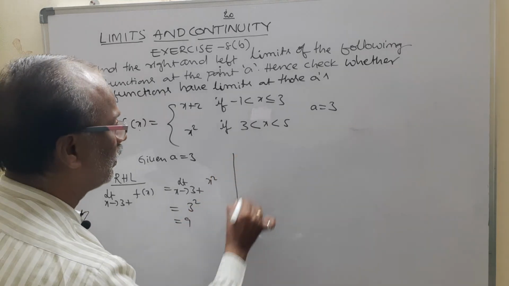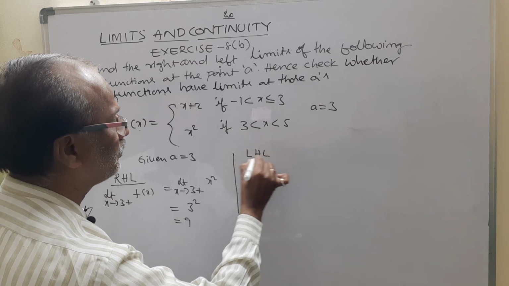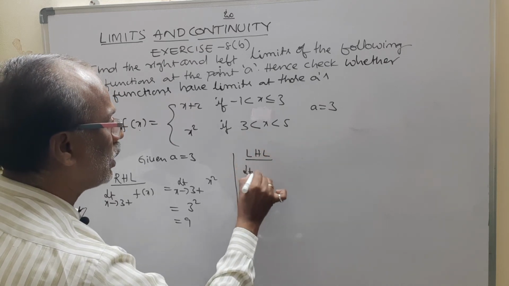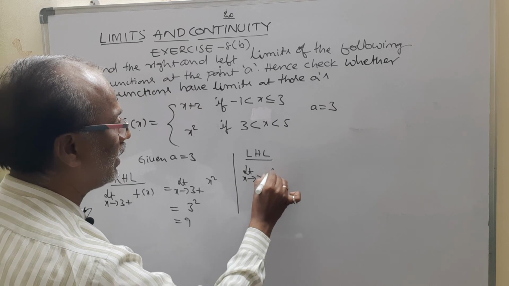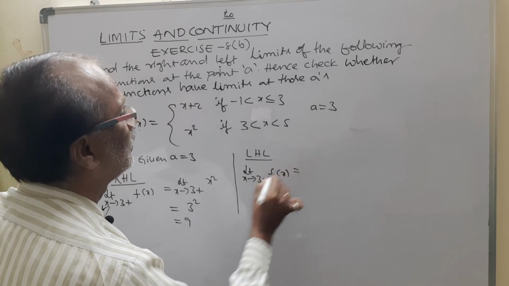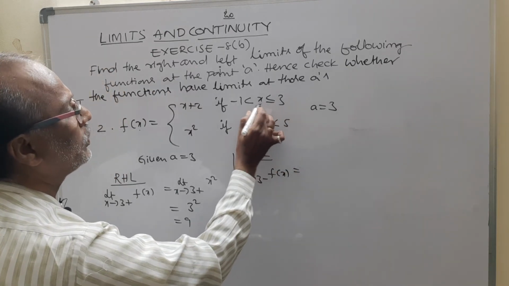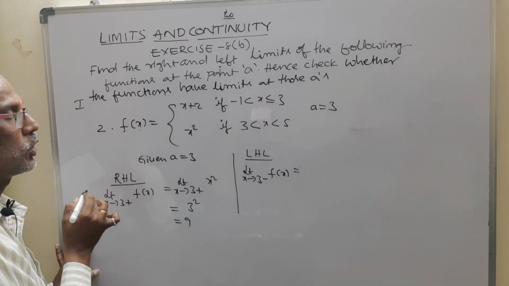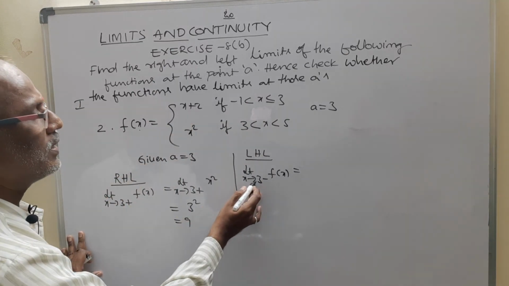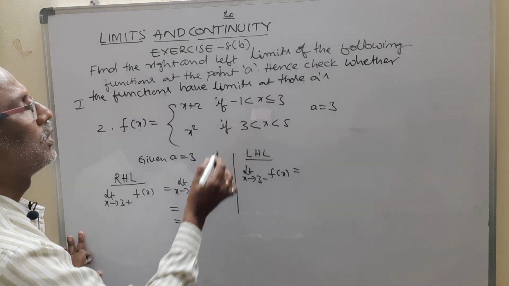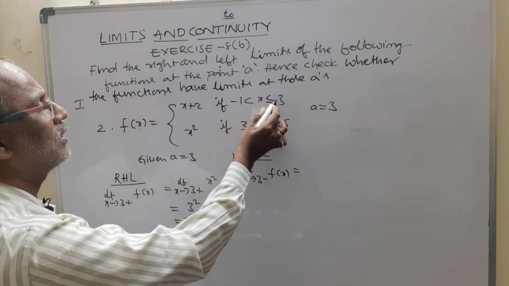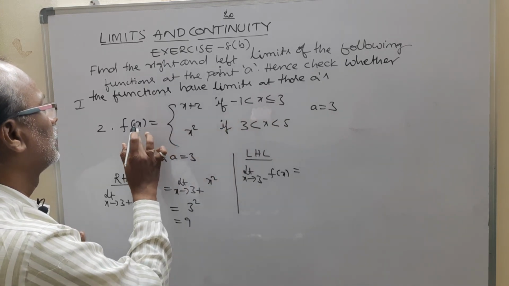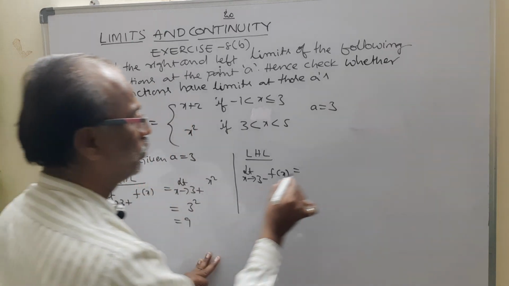Next, find the left hand limit. Limit x tends to 3 minus f of x. If x is less than or equal to 3, f of x is x plus 2. X tends to 3 minus means to take the function for x less than or equal to 3, where the f of x value is x plus 2.